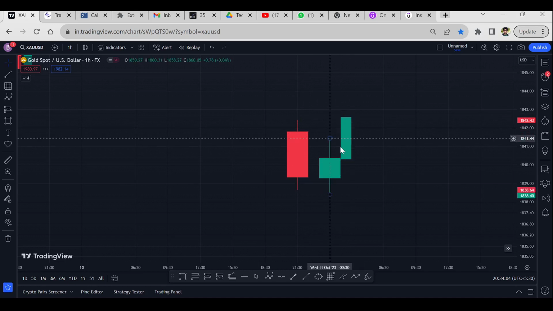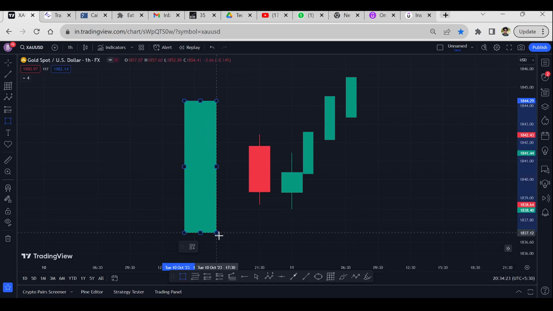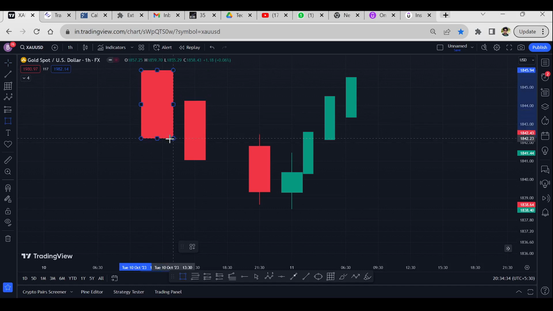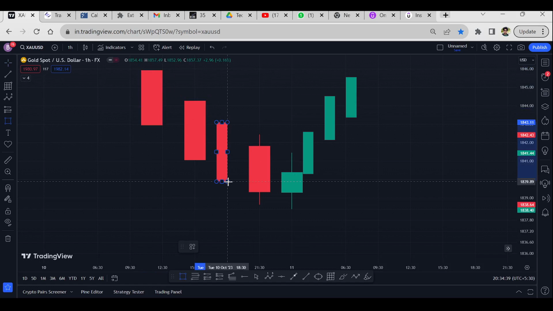Then in this kind of movement, price is expected to move further to the upside. So up to this point there might be a series of candles forming like this, with multiple bodies or multiple wicks, but finally price came here and the low is confirmed here.